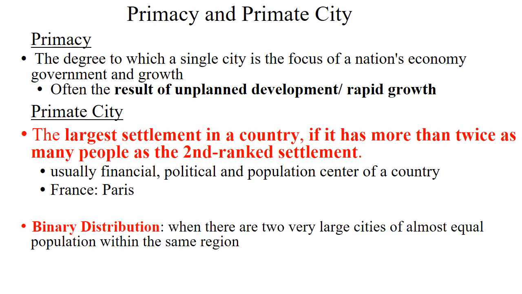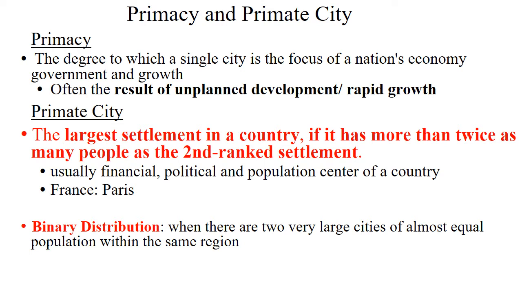Just in case it comes up, from time to time you will have regions or countries where there are two very large cities of almost equal population within the same region, and then a big drop-off to the third largest city. You might have two very big cities, and then the third city is less than half the size of each of those.